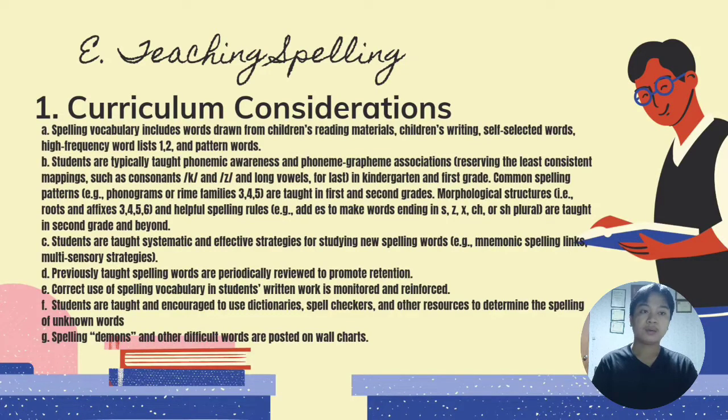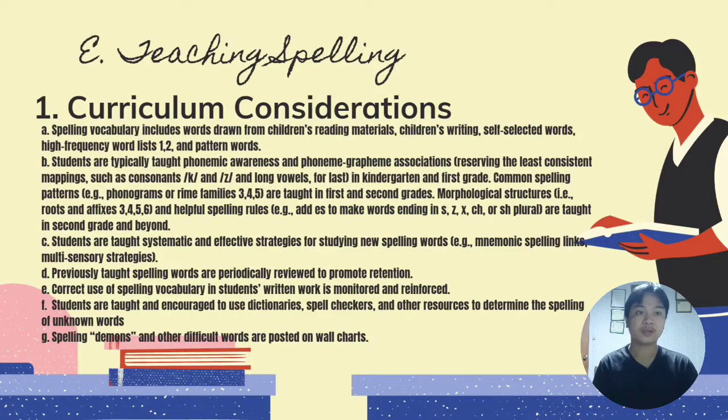So letter D, previously taught spelling words are periodically reviewed to promote retention. So through repetition, a skill in spelling words is practiced and rehearsed over time and gradually becomes easier. It can also promote mastery of skills and vocabulary in spelling.